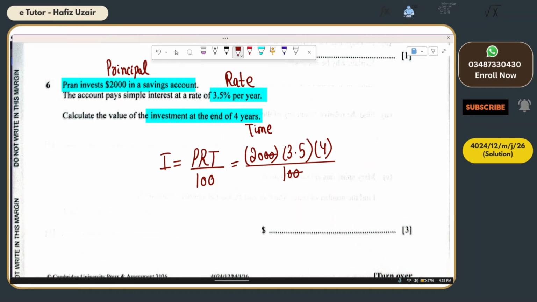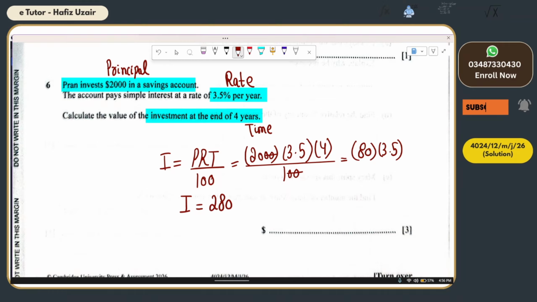If we multiply 20 and 4, that will be 80 into 3.5. 80 into 4 will be equal to 320. So 80 into 3.5 will be equal to 280. So this is basically the interest.